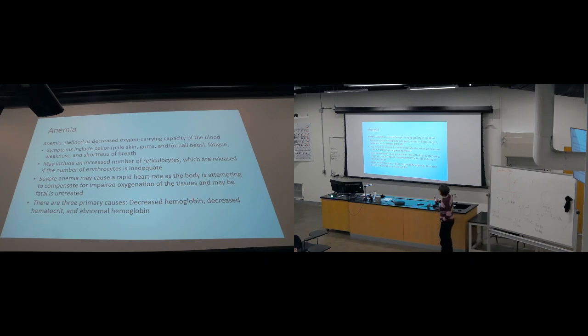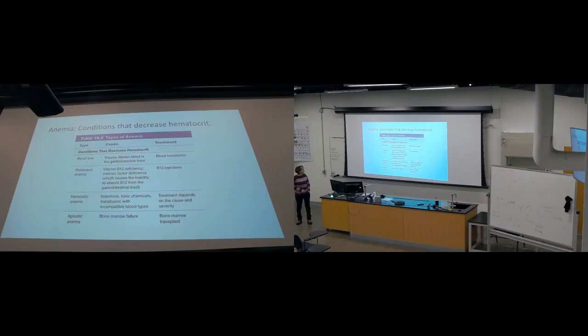And then we have different causes, including decreased hemoglobin levels, decreased hematocrit, and abnormal hemoglobin, as we saw before in sickle cell anemia. Another type of cause is, for instance, when someone has a hemorrhage, in this case a loss of volume. And here is the classification of the types of anemia.